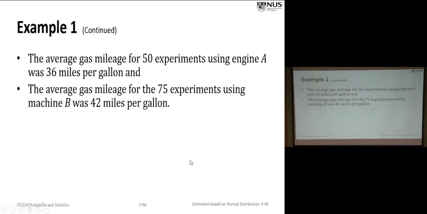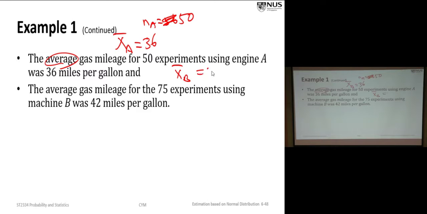So in terms of mileage, the average, that means X bar for A, with nA equal to 50 experiments, and the average is 36. While XB, the average, is 42. And the sample size is 75.